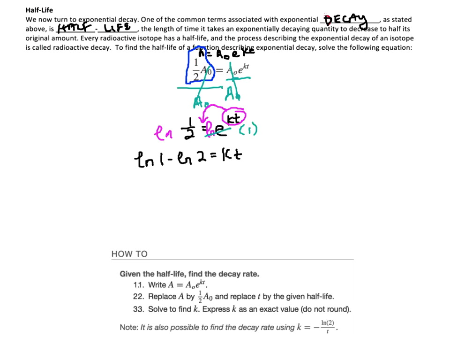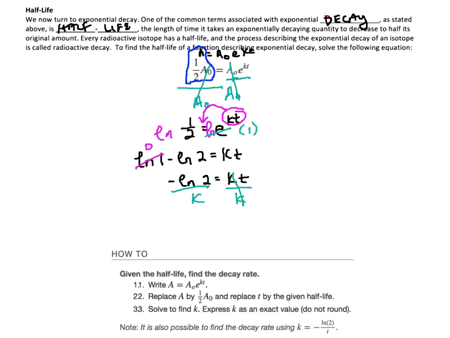Okay, the ln of 1 is 0, because I'd have to raise e to the 0 power to get 1. So all I really have left on the left-hand side is the negative ln of 2 equals kt. Now at this point, I can solve for k or I can solve for t. So if I want to solve for t, I just divide k off of both sides.